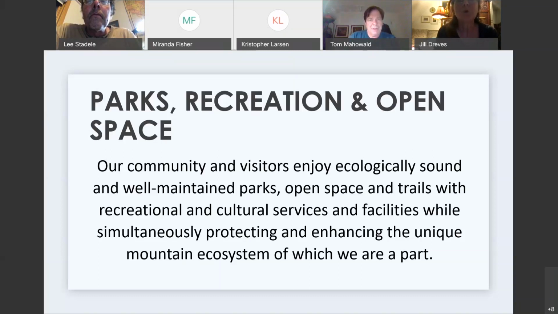What's the sound in the first line? Say that again? The ecological or ecologically sound. What does that mean? Means that we have sound practices for the ecology of the area, mountain ecology. Okay, great.